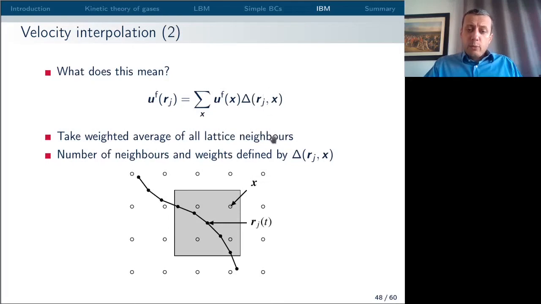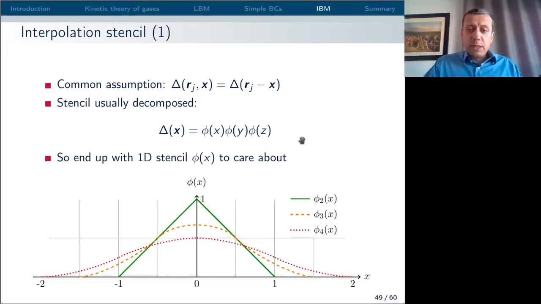So basically, each marker asks a finite number of neighboring lattice nodes, what is your velocity? Then each velocity will be weighted according to a given algorithm, and you perform the weighted average of that. And how is this done?